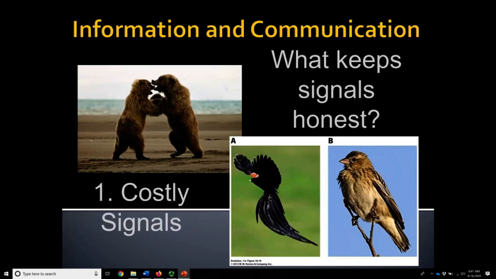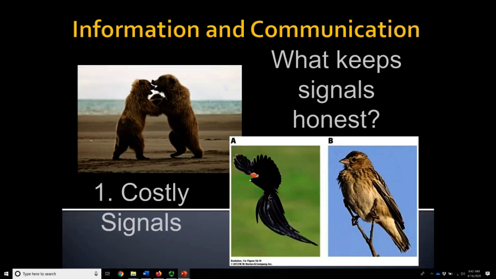So for instance, if a signal is very, very costly, it really can't be faked. So if it takes lots of energy and good health to be big and large, then that's not something that you can really fake. And particularly if there's a check every once in a while. So if you have a mutation where you grow really, really fuzzy coat, it might make you look large.